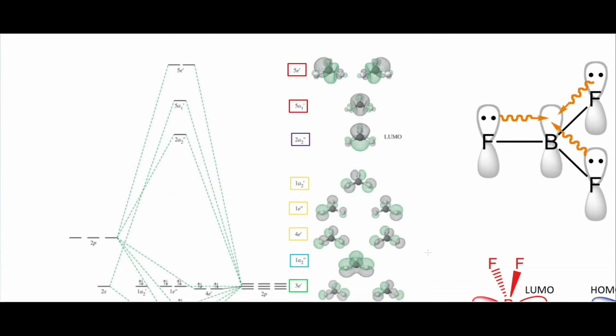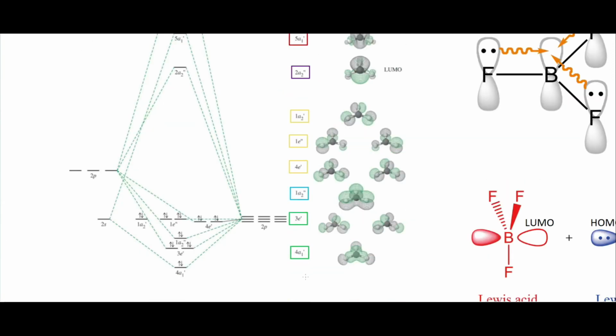So this is our molecular orbital diagram. When we fill in the electrons here, I put in green the bonding orbitals. This blue one here, the 1A2 double prime right here, is forming this bonding.